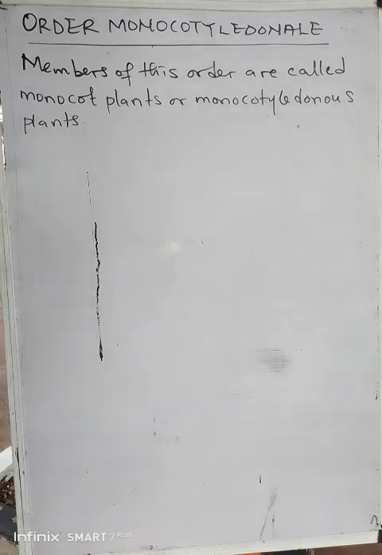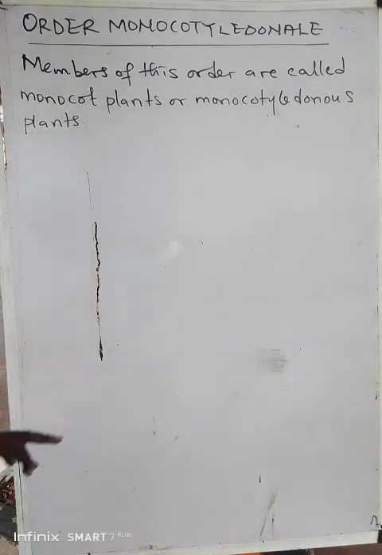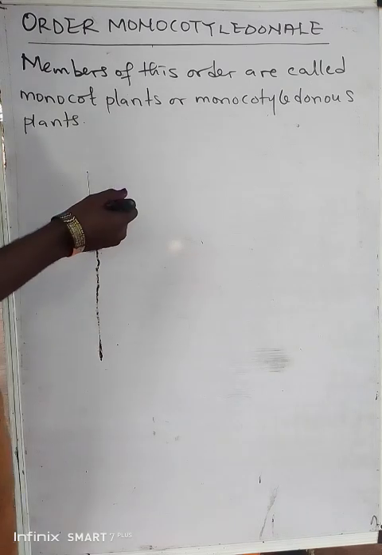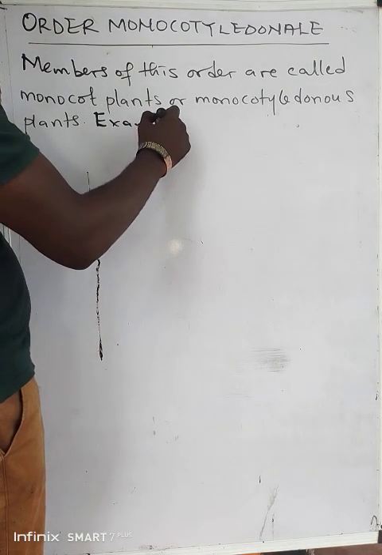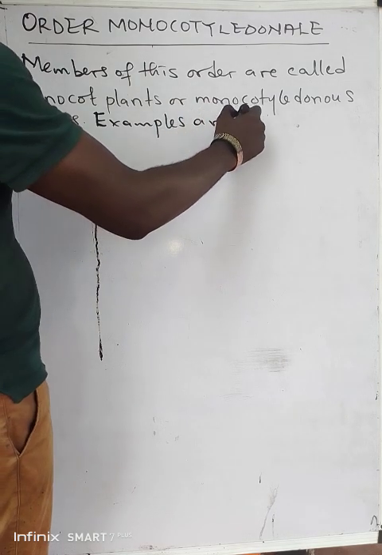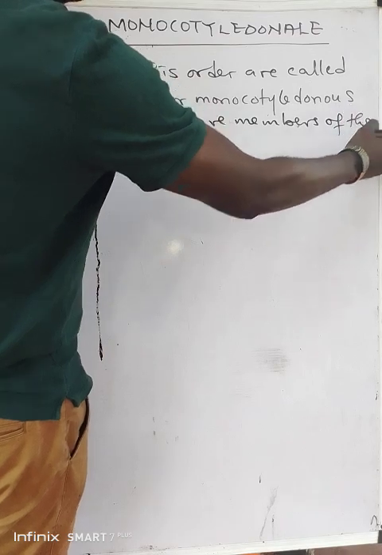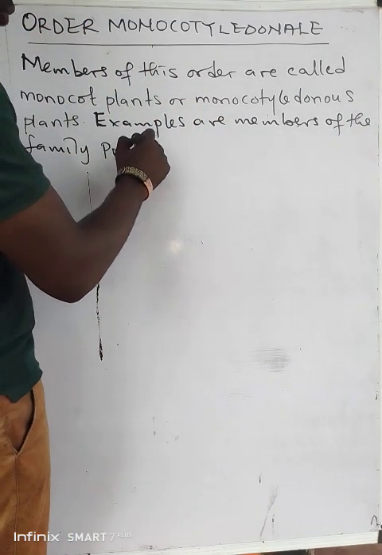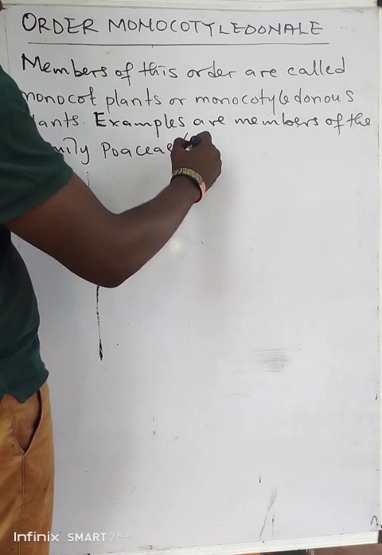So you can call them monocot plants, or you can call them monocotyledonous plants. I say members are called monocot plants, or you call them monocotyledonous plants. So examples are members of the family Poaceae, or including this, they call it Graminaceae.